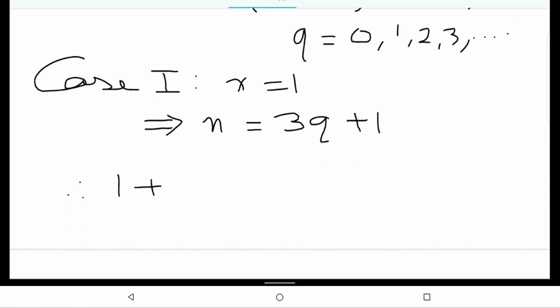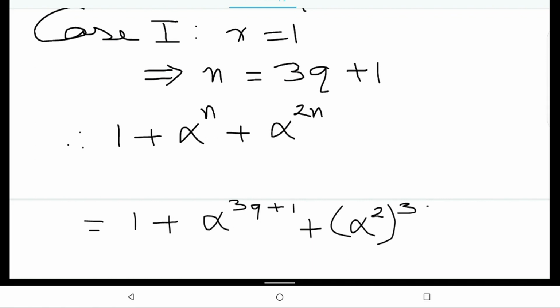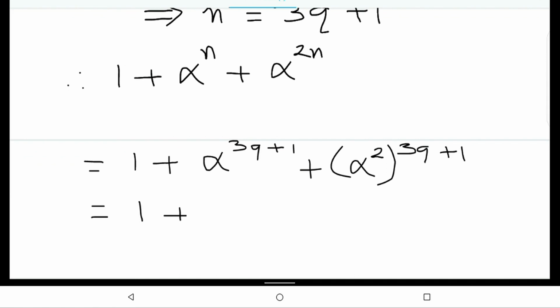Therefore, 1 plus alpha to the power n plus alpha to the power 2n equal to 1 plus alpha to the power 3q plus 1 plus alpha to the power 2 times (3q plus 1). What we have done, we just put n equal to 3q plus 1, and that's equal to 1 plus, by the law of indices, alpha cube to the power q into alpha, plus alpha square.